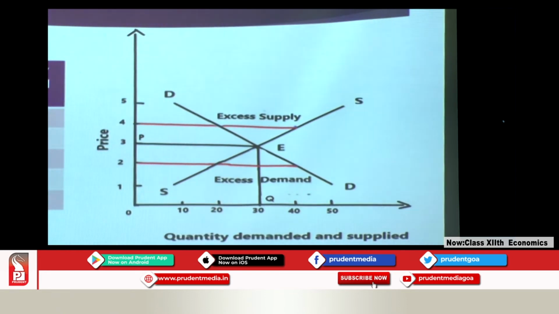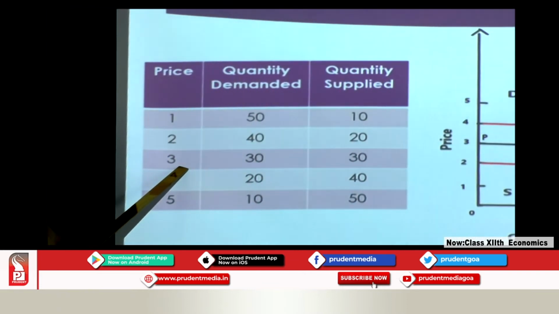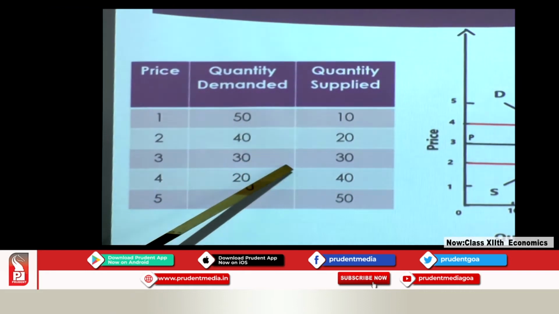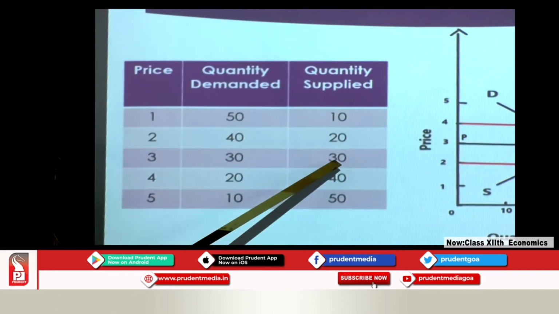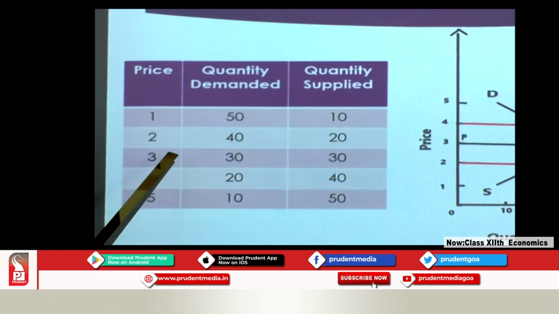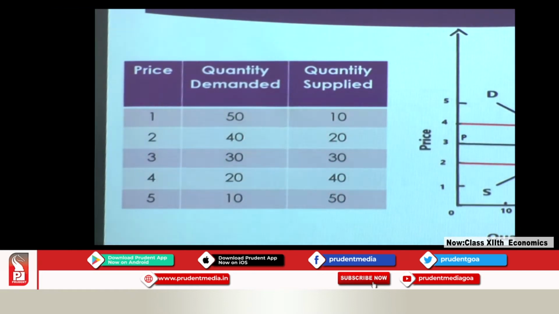If you see in the schedule also, you will find that at the price 3, both the quantity demanded and the quantity supplied are equal, that is they are 30 at price 3. So, this becomes the equilibrium quantity and this becomes the equilibrium price.